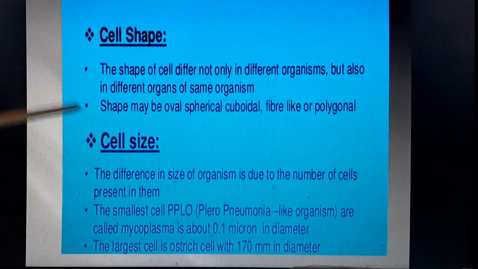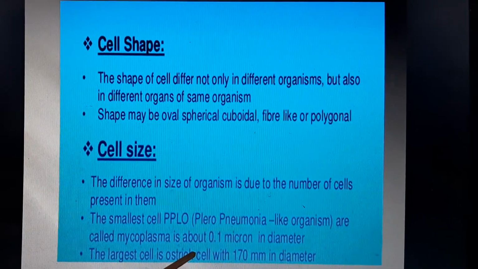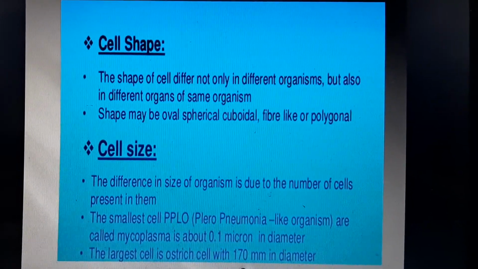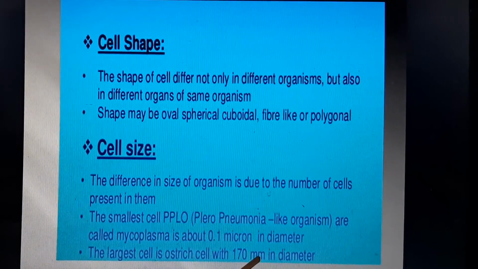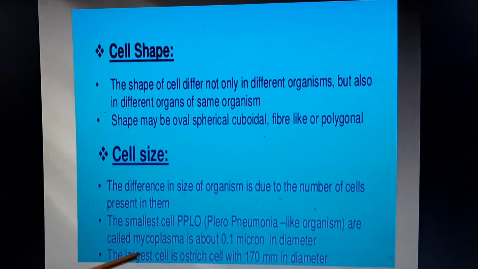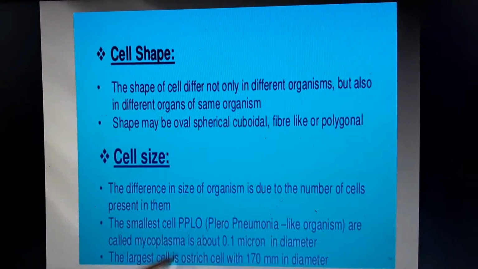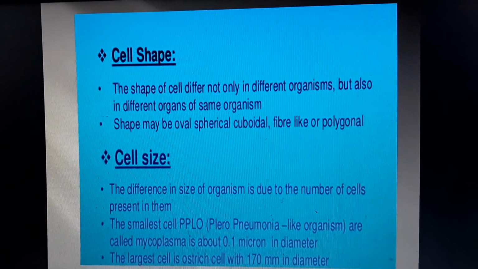Got it? The largest cell is the ostrich cell with 170 millimeter in diameter. So once you get the question, smallest cell, it is PPLO, and largest cell is the ostrich cell. Okay.